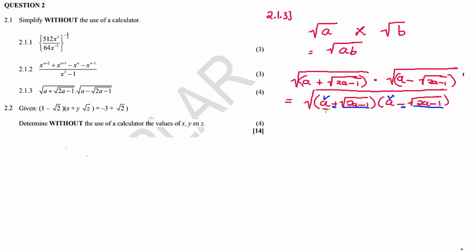I just say a times a, I get a squared, like this, a squared, and then minus the square root of 2a minus 1 in brackets squared, close the bracket. Guys, this is a difference of two squares. You just multiply the first and the first, last and the last, instead of doing the FOIL thing, you'll end up with something big.